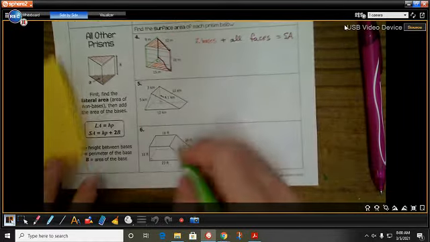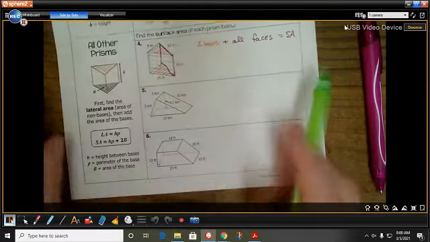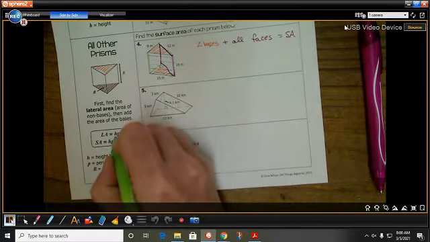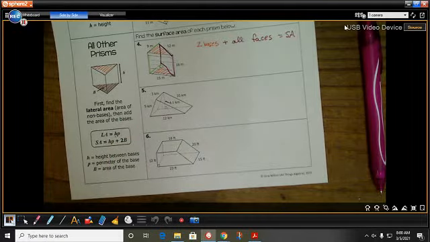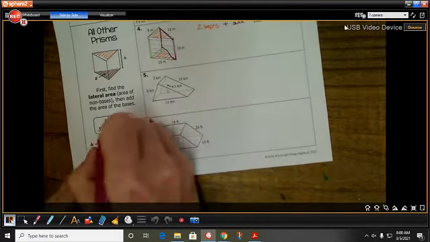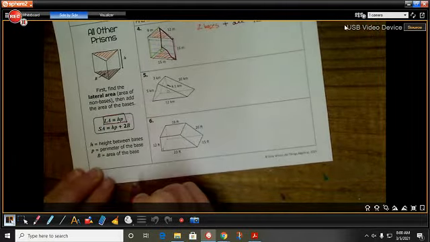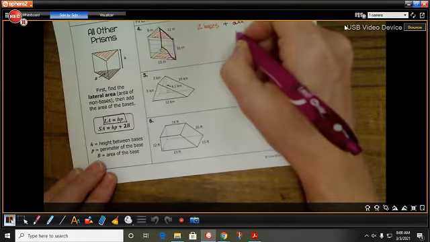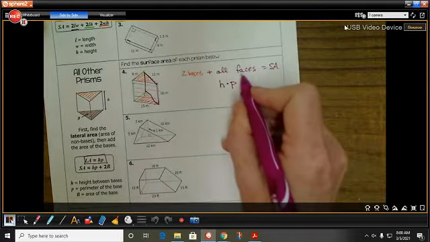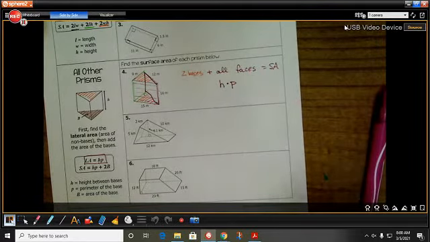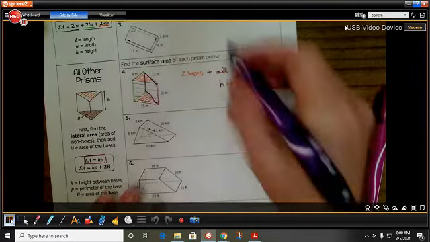So one way to find this lateral or side surface area is to do the height times the perimeter of the bases. And so that gives you your lateral area. So you could do that, height times perimeter, instead of finding the area of all the faces individually.